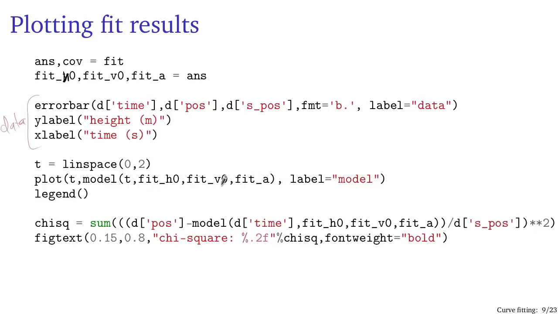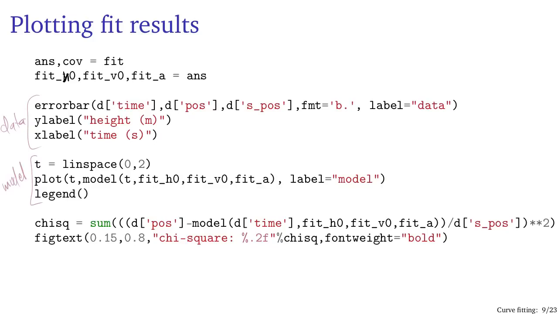Use those things that you unpacked from the fit results as arguments to your model, and, well, make a plot. So t here is coming from this t, so we're using our x-coordinate, and then we're using our model as a function to compute what we would expect at all of those hypothetical x-coordinates. Again, giving it a label, and let's put the legend on now. This is as good a time as any to do that. So this is your plot of the model, which hopefully goes on top of the data.